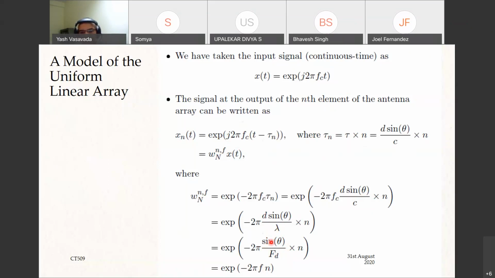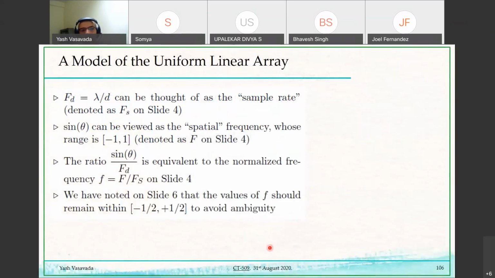And so with that, what I can say is that we will think of sine theta as our space domain frequency. And obviously the range of sine theta is -1 to 1.